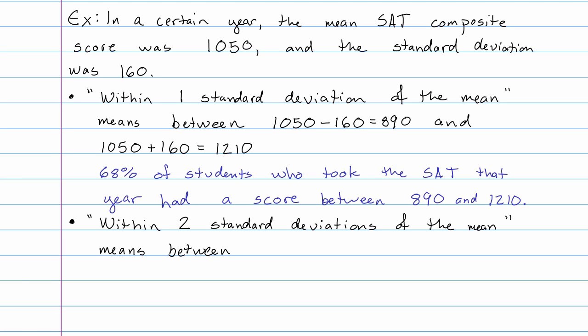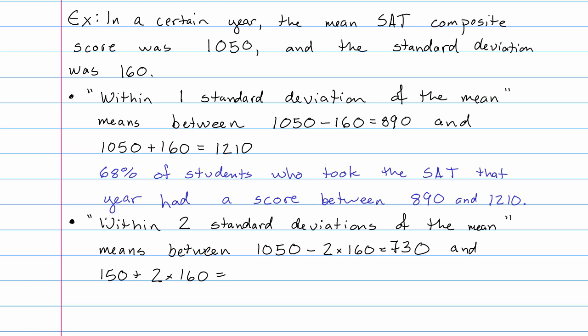To be within 2 standard deviations of the mean means to be between 1050 minus 2 times the standard deviation, which is 730, and 1050 plus 2 times the standard deviation.